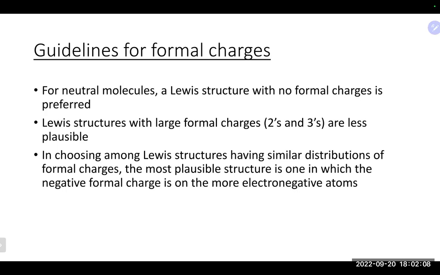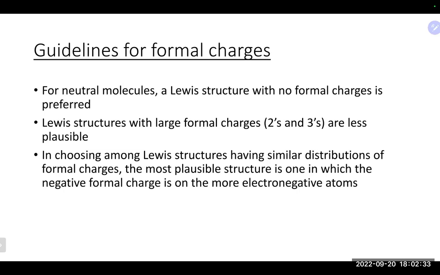For neutral molecules, and just in general, if you can minimize the formal charge to 0, that is pretty much ideal, or at least most of it to 0 is usually a pretty ideal situation. Lewis structures with larger formal charges, 2s and 3s, are probably less plausible to occur.